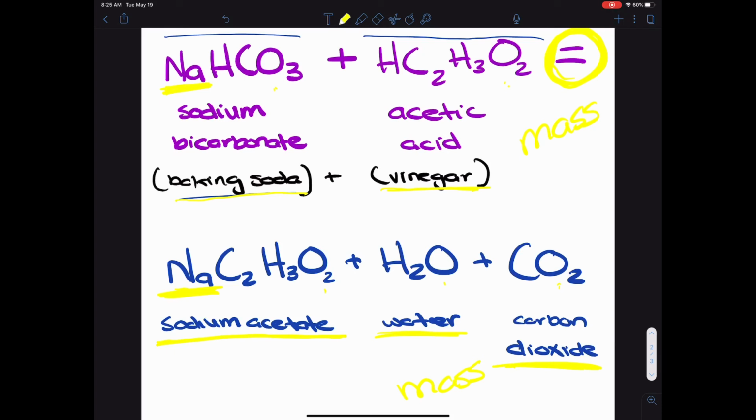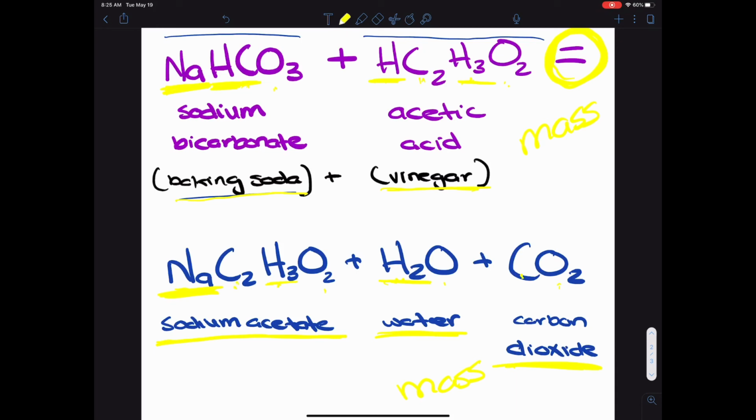Okay. How many hydrogens do I have? I have 1, 2, 3, 4, 5. Let's see. 1, 2, 3, 4, 5. See how that's all equal? And then carbons. There's 1 carbon, 2, 3, 1, 2, 3 carbons.